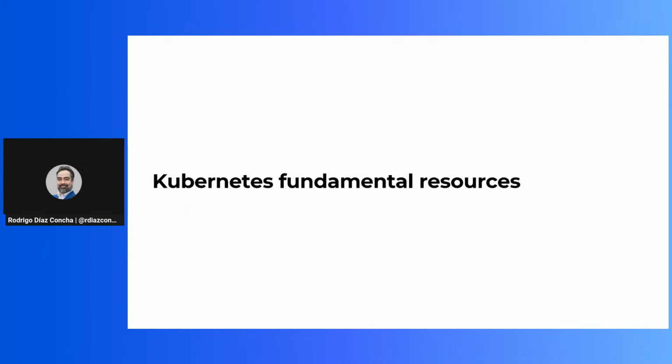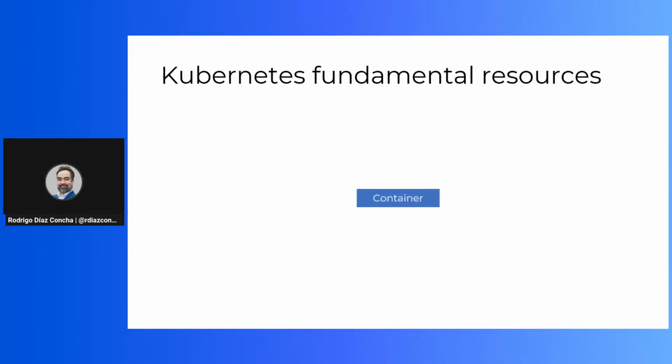Cool. So you might remember that there are different fundamental resources that we can use and deploy in a Kubernetes environment. And I'm talking about the container. Of course, that's the place where your application is going to be living, or your microservice or whatnot.